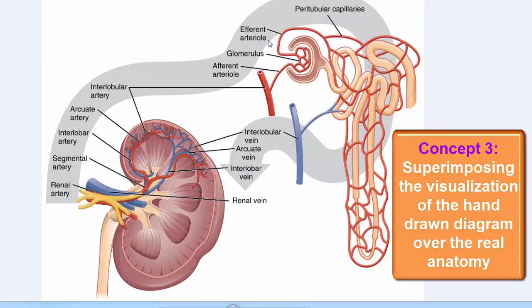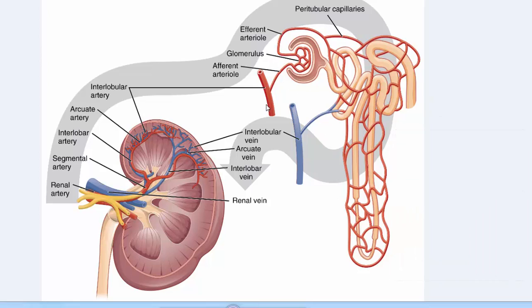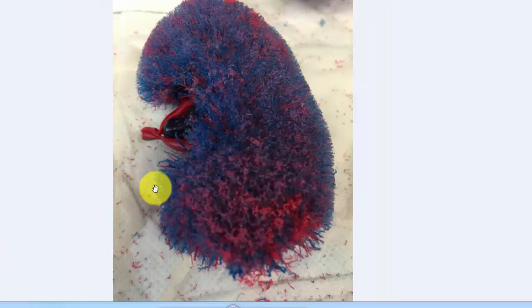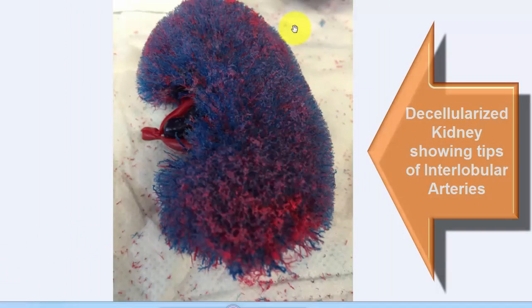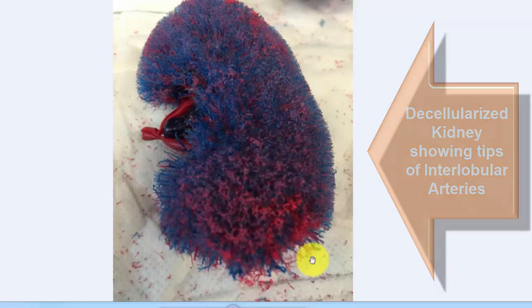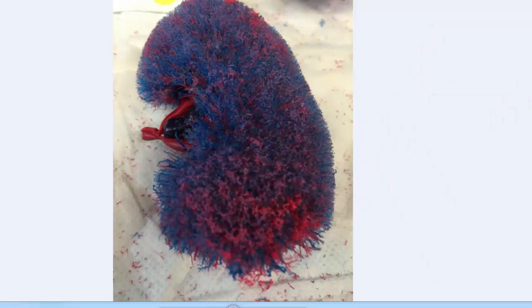This is a drawing of just one nephron that is connected to an interlobular artery. So here again is the decellularized kidney, and at the tip of each of these interlobular arteries, they're seen more clearly here against the white background, is a nephron. So this is the concept of 1,000,000 nephrons.